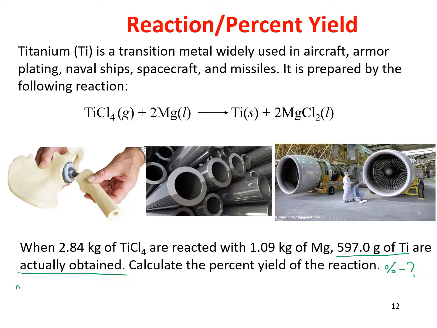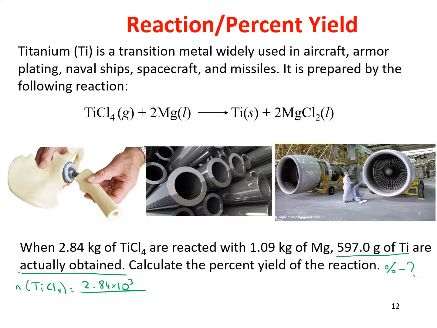And so as usual, you're going to find the moles first. The moles of titanium chloride are going to be this times 10 to the third, I'm converting the kilograms to grams, and you divide it by the molar mass of the titanium chloride, which is titanium, so it's a light metal. So that's about 47.9. Fine.